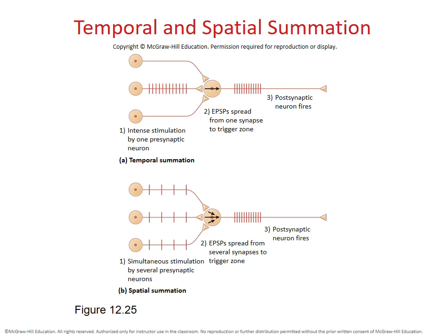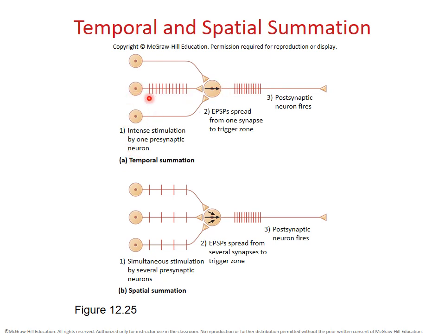Here we see examples of temporal and spatial summation. Again, in temporal summation, you've got a single postsynaptic cell here, and here are several presynaptic cells that are synapsing simultaneously on the postsynaptic neuron.